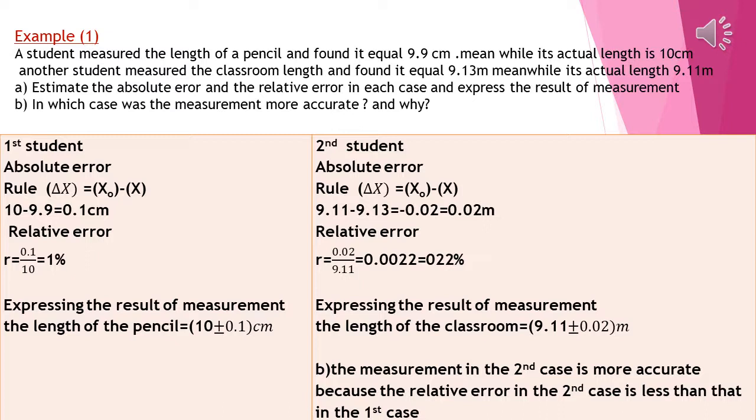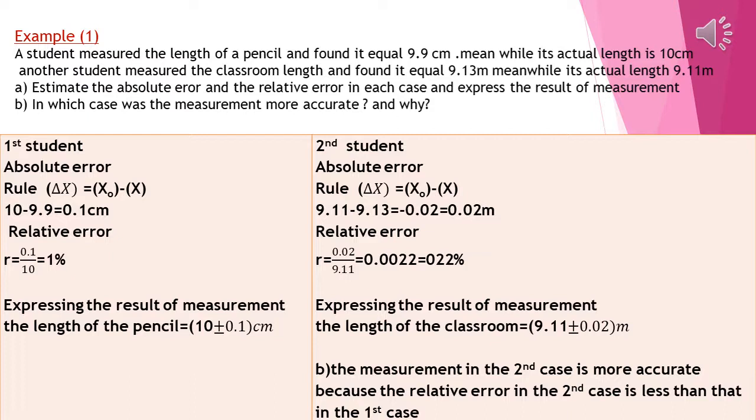Another student measured the classroom length and found it equal to 9.13 meters. This is the measured value x, so x in the second case equals 9.13 meters. Meanwhile, its actual length, the real length, equals 9.11, so that is x naught. In the second case, we calculate the absolute error and the relative error the same way.